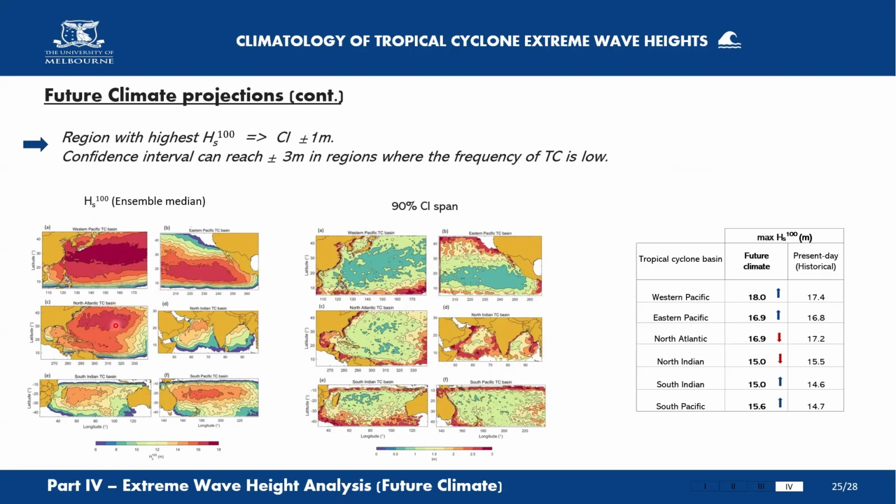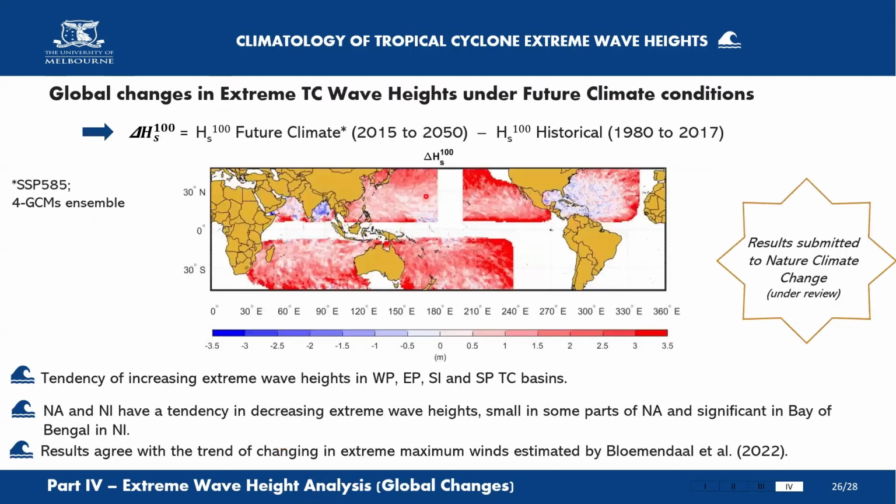And these areas are the same ones where we have a low increase or low decrease. In those same areas, we have a confidence interval better than in the areas where we have a low frequency of storms, where the confidence interval is so high, like plus or minus 3 meters.